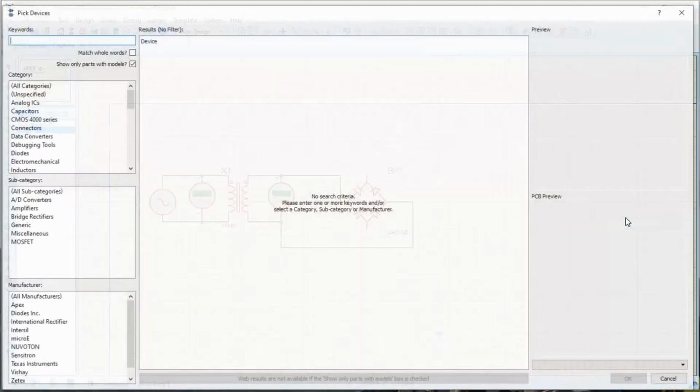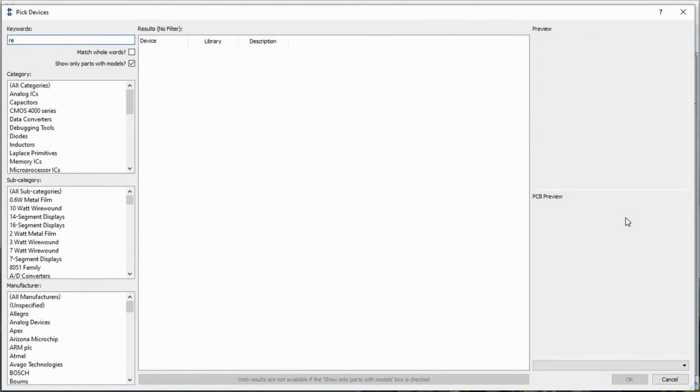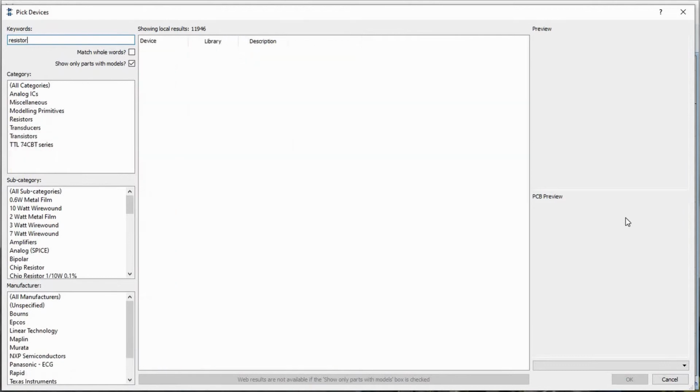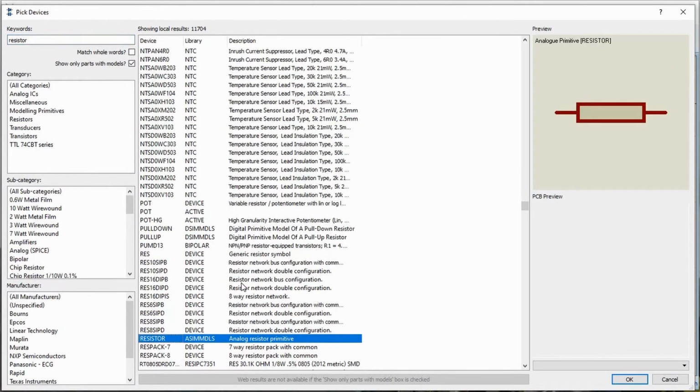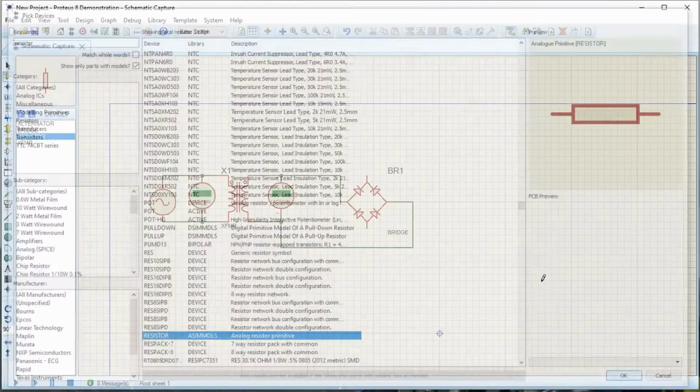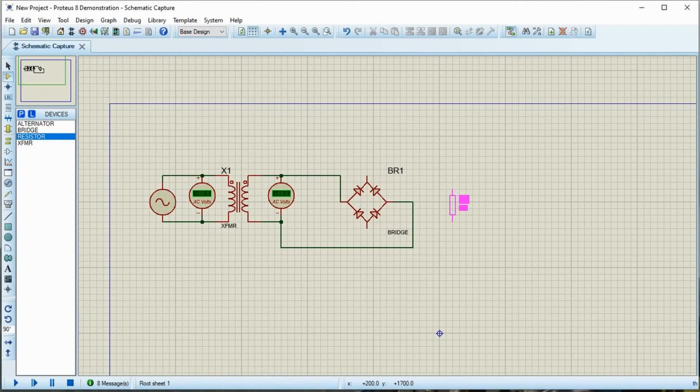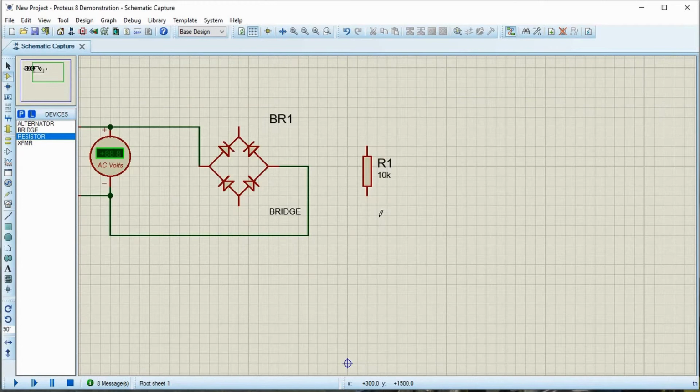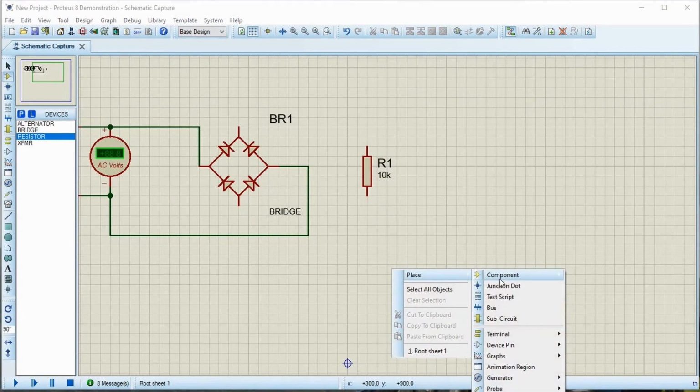Let me place a resistor as load. Theoretically this is not required to measure the waveform, but keeping it open sometimes doesn't give the correct result, because these diodes need some kind of current to forward bias.